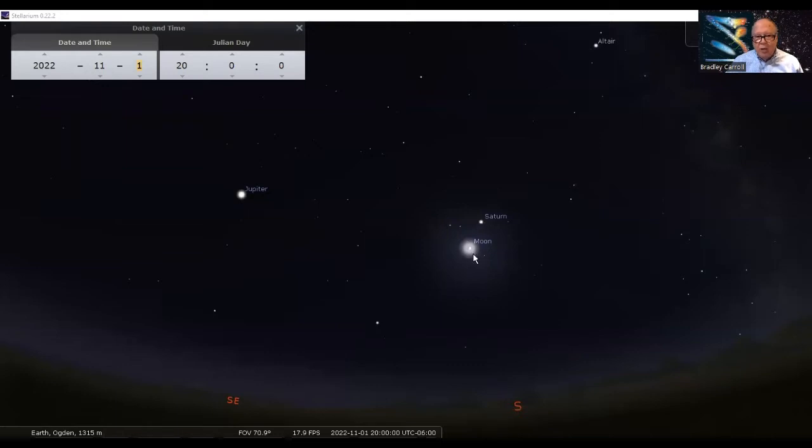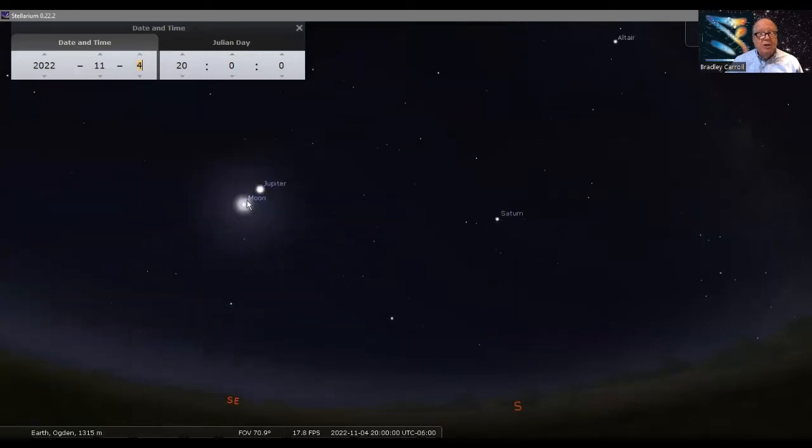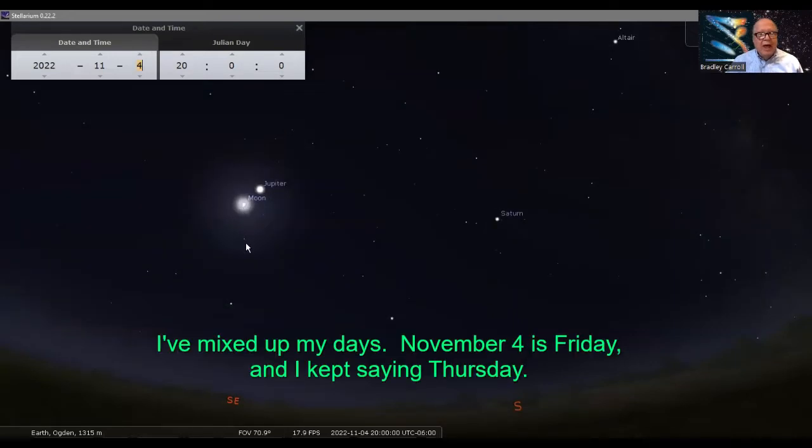There's the moon right below Saturn. And over the next several nights, it will move across the sky. So Thursday, it's going to be very close to Jupiter. And seeing that quarter moon next to Jupiter, Jupiter's really bright in the sky right now. And that's really going to be cool.